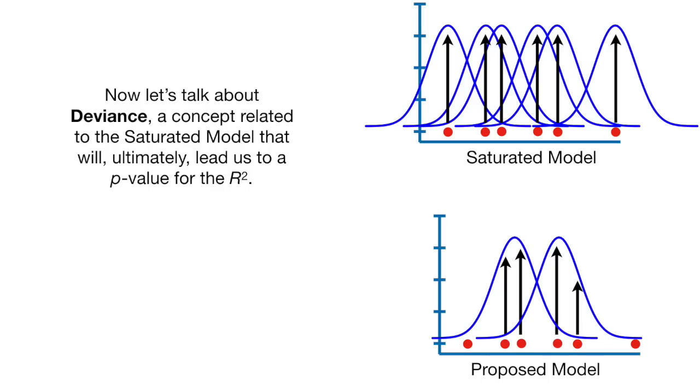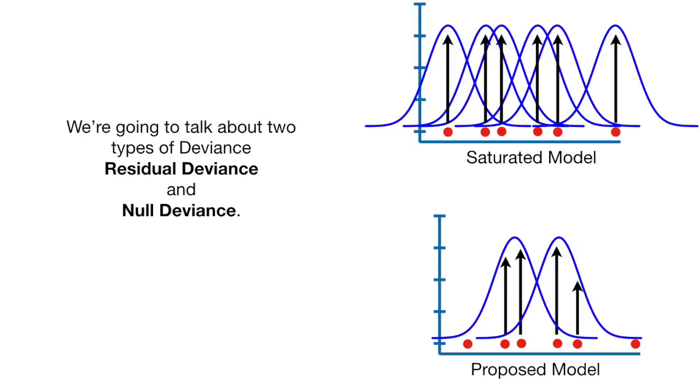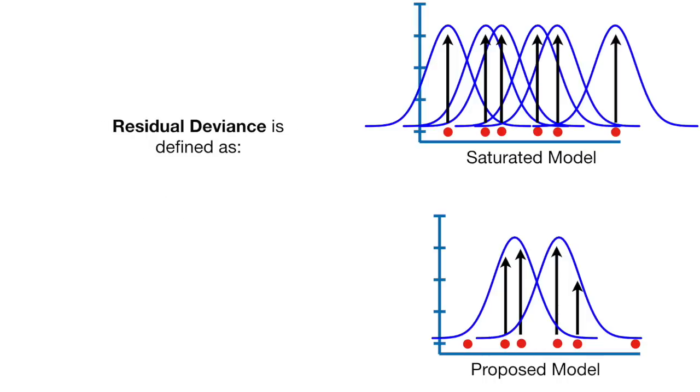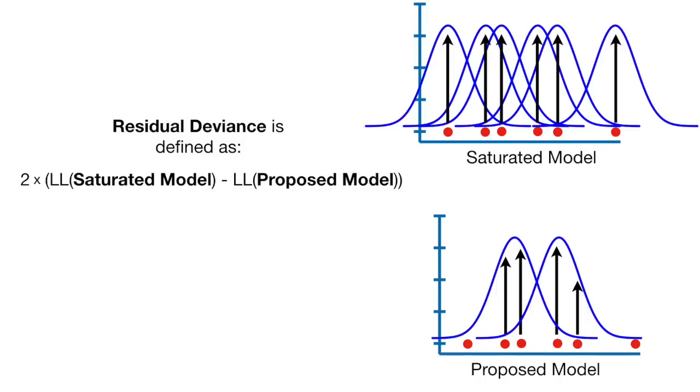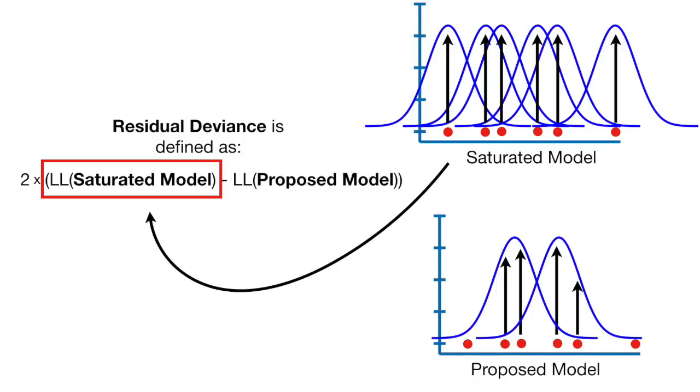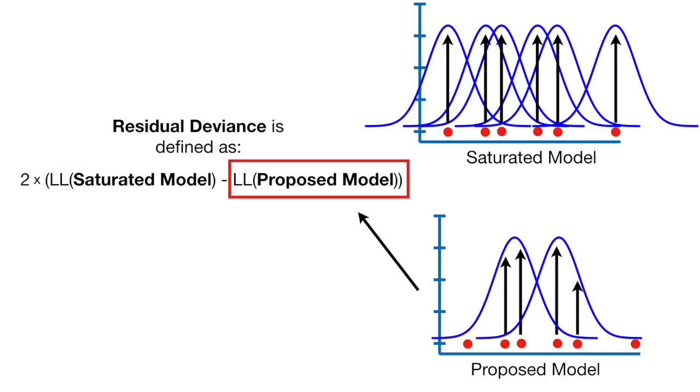Now let's talk about deviance, a concept related to the saturated model that will, ultimately, lead us to a p-value for the R². We're going to talk about two types of deviance, residual deviance and null deviance. Residual deviance is defined as 2 times the difference between the log likelihood of the saturated model and the log likelihood of the proposed model.